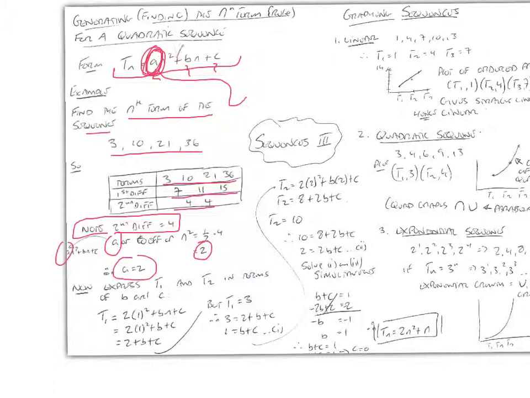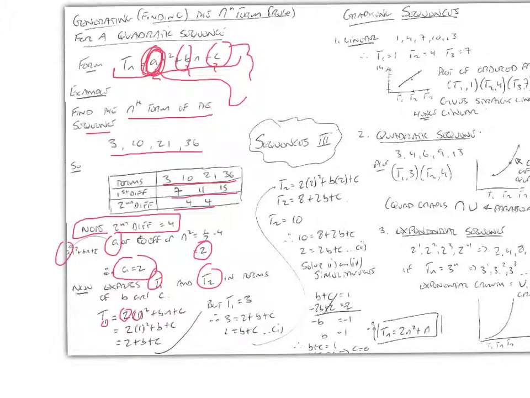So we're looking now for our b and our c. How do we do that? Well, the best way is to pick the first term and the second term, t1 and t2, and express those in terms of b and c. So t1 is equal to an squared plus bn plus c, but we know what a is and we know n is 1.